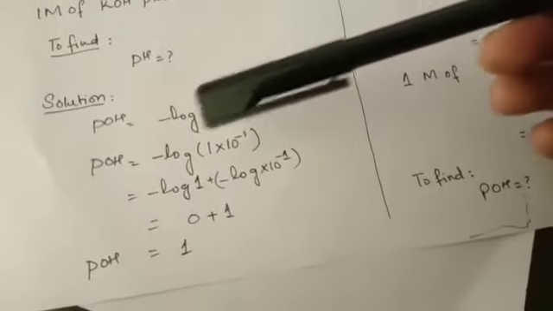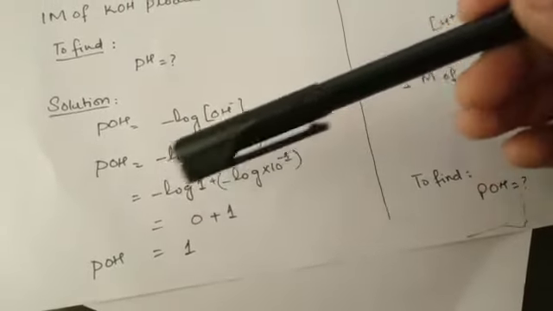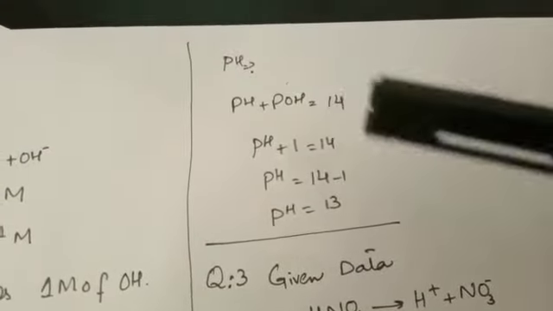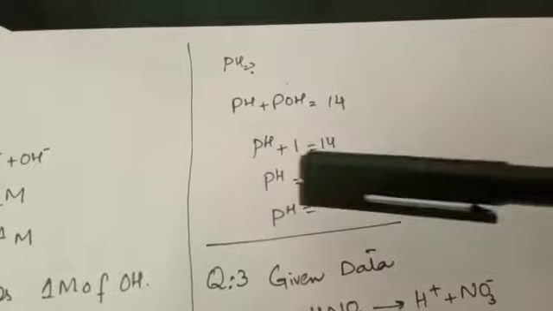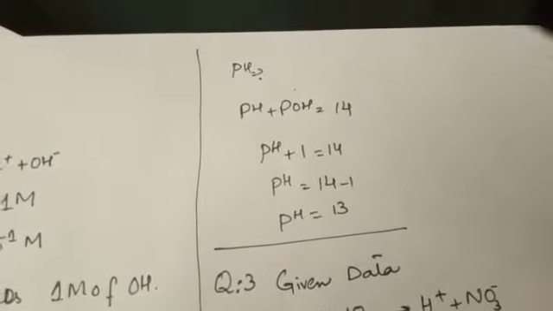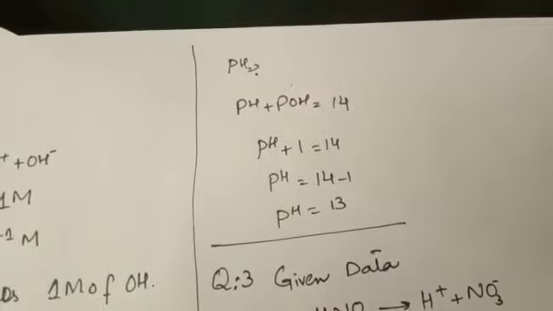Here we find the pH. With the same method, you put the value of the hydroxyl ions, multiply the log, find the values of the log and find the pOH. Then simply put the values of pH and pOH in the equation, and according to the rules of mathematics we get the value of pH.